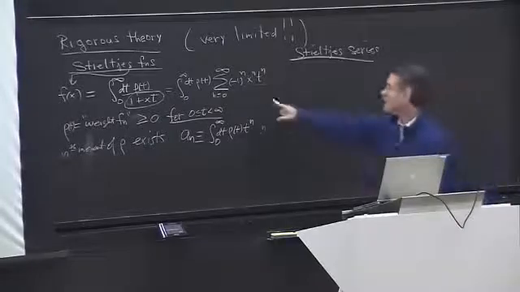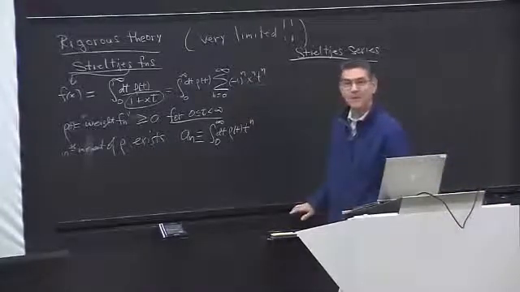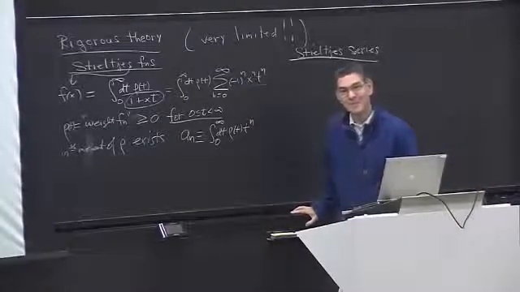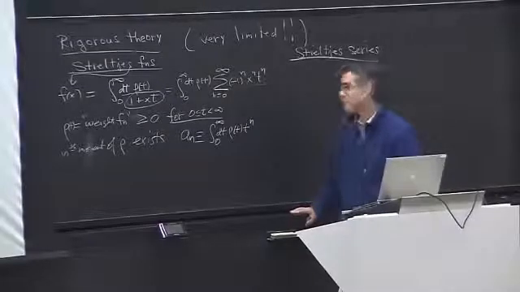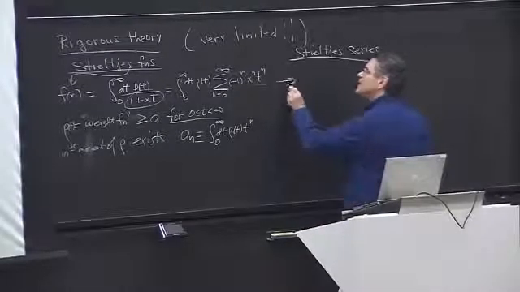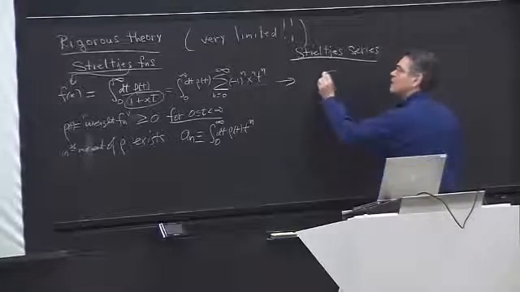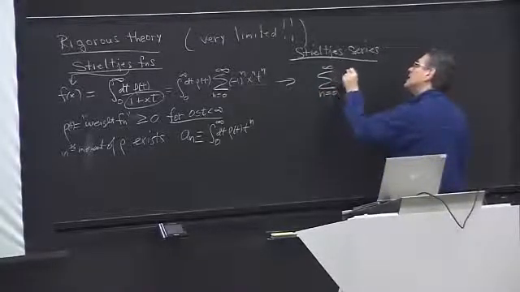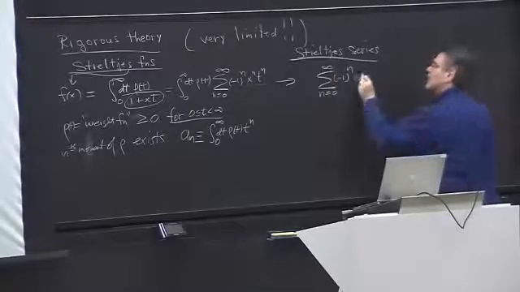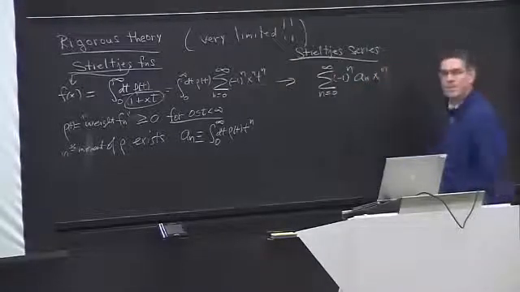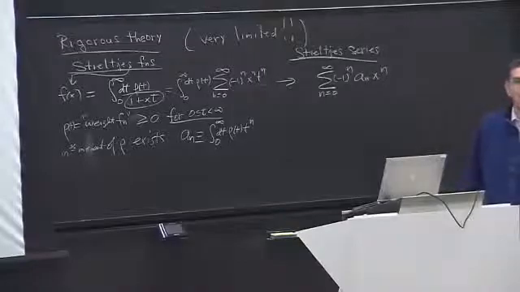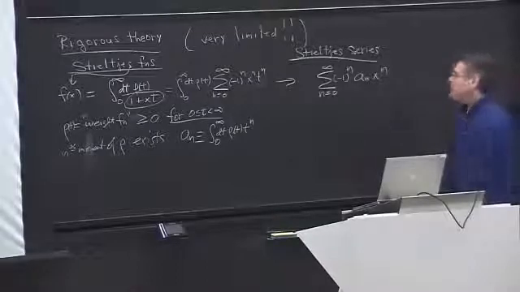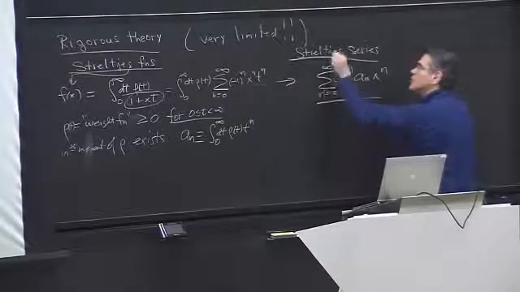Now let's integrate term by term. If we integrate term by term, this becomes a series of the form sum from n equals 0 to infinity minus 1 to the n times a sub n times x to the n. Any series of this form is called the Stieltjes series.